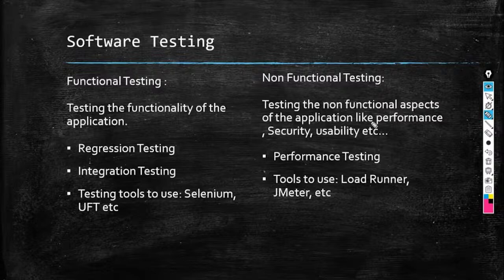If you take the same example of the lift we discussed a few minutes ago, if I go inside the lift and press 3, it's not about whether it is going to the third floor or not. It's about how fast it is going to the third floor, or how much time it is taking to go to the third floor. So that is testing the performance aspect.